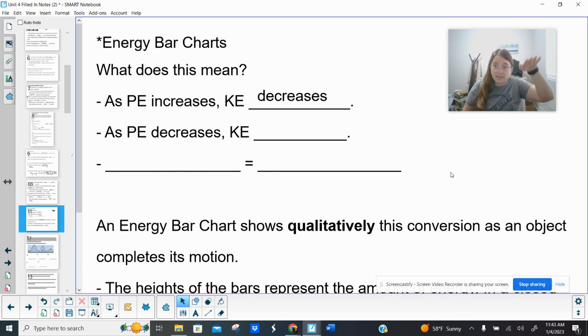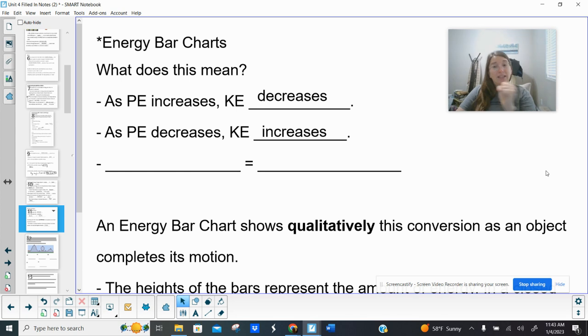But if I'm decreasing my potential, that means that kinetic increases. As this little guy drops, the height decreases, and so that's potential energy decreasing. As that decrease happens, the speed of it increases. So we have this give and take. If I give a little bit of potential, that goes into the kinetic.